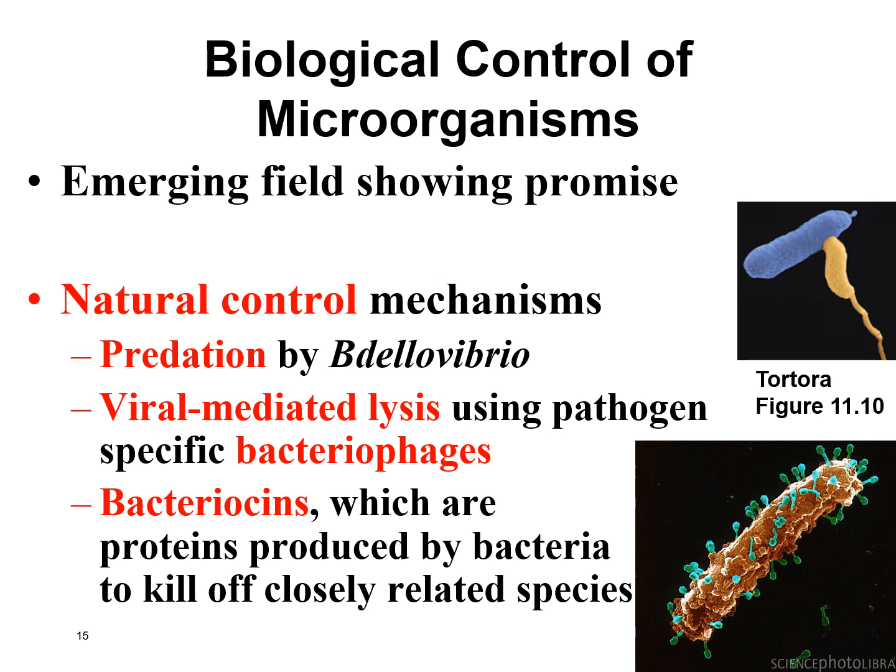So Bdellovibrio, these are really interesting. So Bdellovibrio is a gram-negative bacteria that actually preys on other gram-negative bacteria. So in this picture over here, the yellow bacterium, that's a Bdellovibrio.